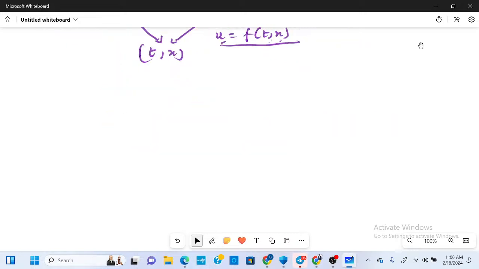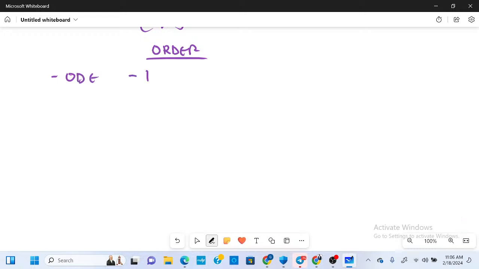Once we've known the types of differential equations, now let's move to the second part of our agenda, what we call the order of differential equation. From the types of differential equation I listed above, we have ODE and PDE, where ODE stands for ordinary differential equations and PDE stands for partial differential equation.